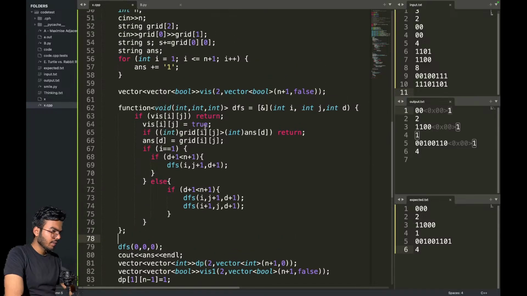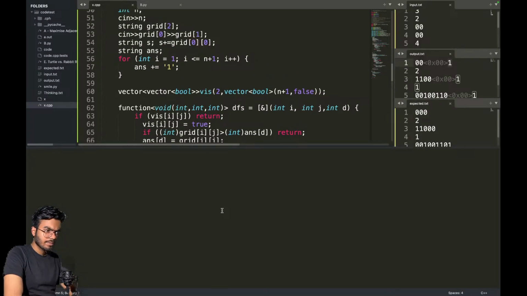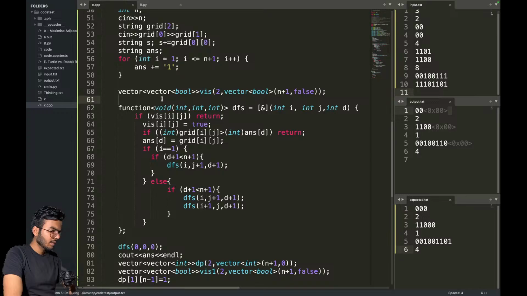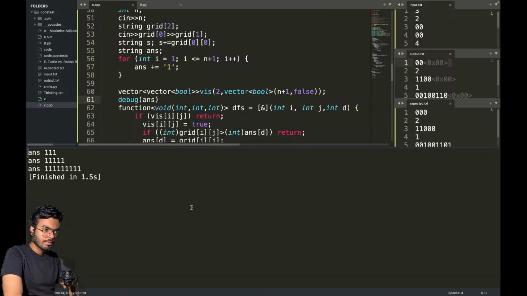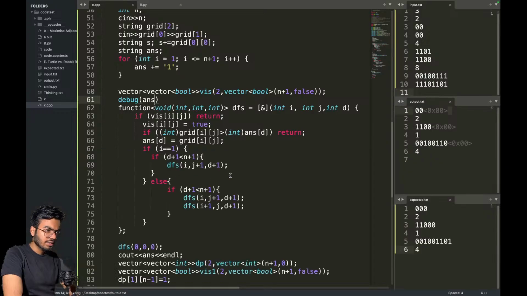So why am I even getting this error? Let's first debug the answer here. What do we have here? So initially I had ones, then I have this part.